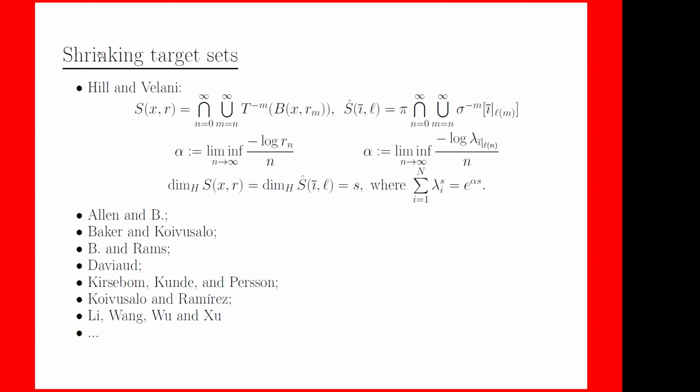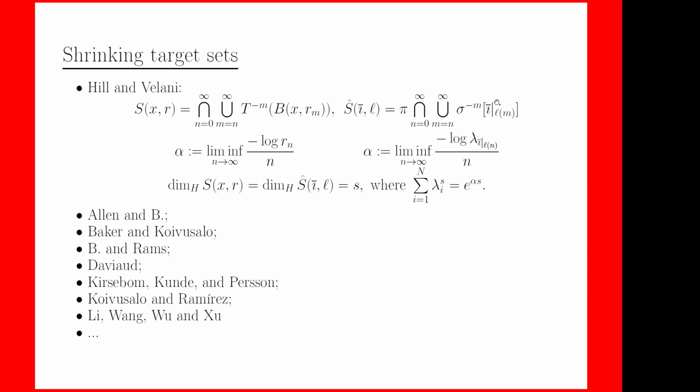So what Hill and Bárány showed is the following. If you calculate the shrinking rate in the geometric approach, what is the exponential shrinking rate of r_n? This means more or less that r_n goes down to 0 like e to the power minus alpha n.